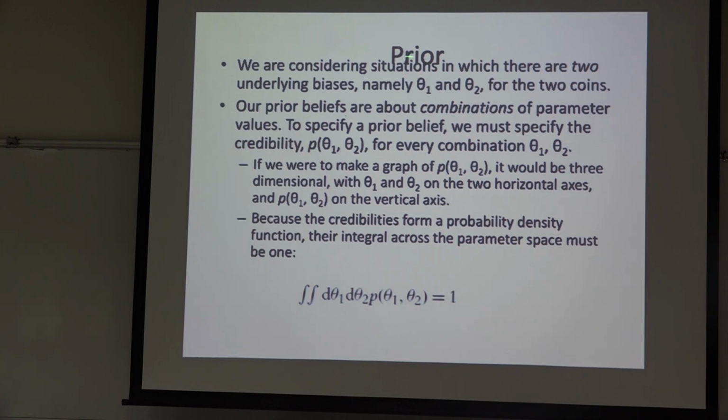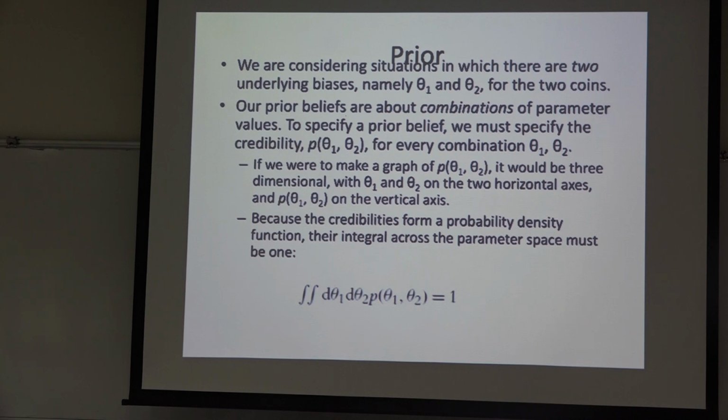And we are considering a situation in which there are 2 underlying biases, namely theta 1 and theta 2, for 2 coins. I already explained what they are. So our prior beliefs are about combinations of parameter values. To specify prior belief, we must specify the credibility, the probability P(theta 1, theta 2), for every combination of theta 1, theta 2.